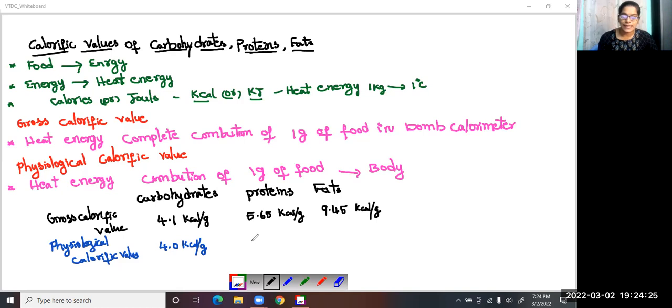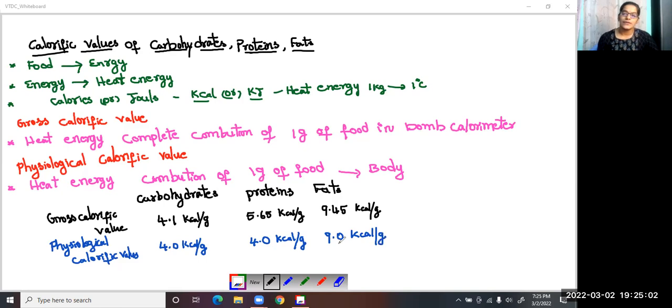The physiological calorific value for proteins is 4.0 kilocalories per gram. That means oxidative breakdown of 1 gram of protein will liberate 4 kilocalories of energy in our body. And the physiological calorific value for fats is 9.0 kilocalories per gram.